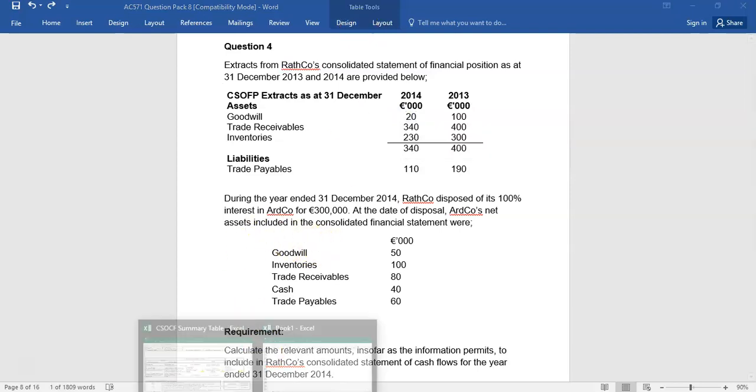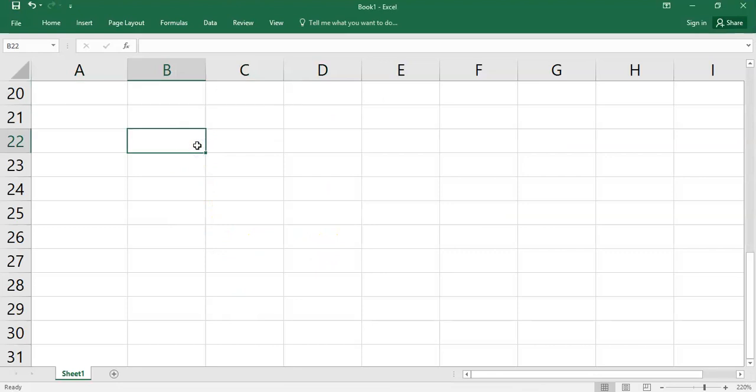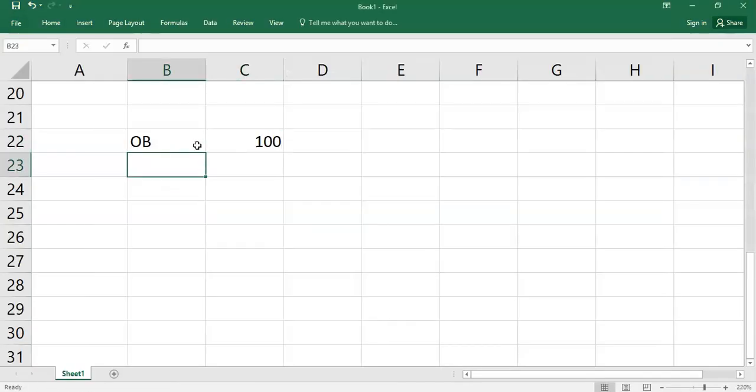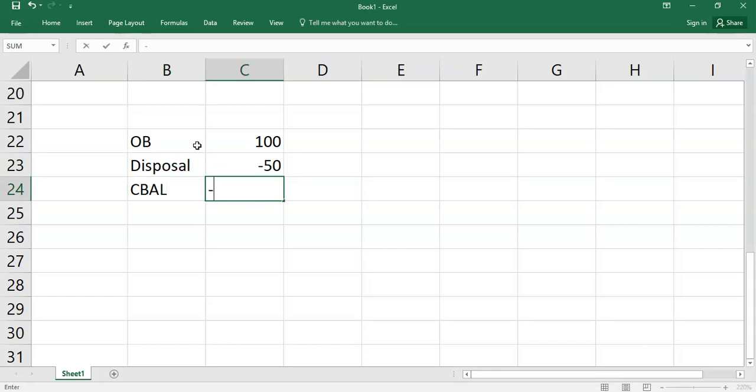You can do it as a T account, or you can do it in columnar. Opening balance was 100. You have the disposal, which you take off 50. You have the closing balance, which you take off 20, which leaves you with a net movement there of 30, and that's a hidden impairment. So there must have been a debit to the P&L, credit goodwill 30 during the year to make it balance.